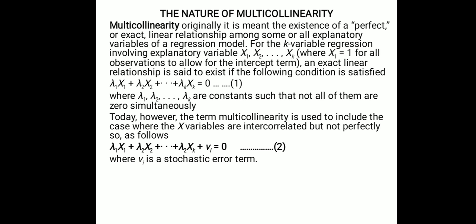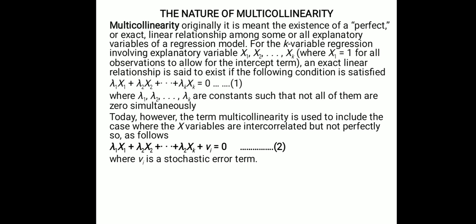Today, however, the term multicollinearity is used to include the case where the x variables are intercorrelated, but not perfectly. So as follows, the error or stochastic term is there: lambda 1 x1 plus lambda 2 x2 plus lambda k xk plus mu i equal to 0.